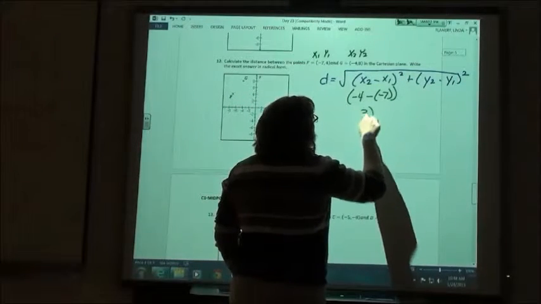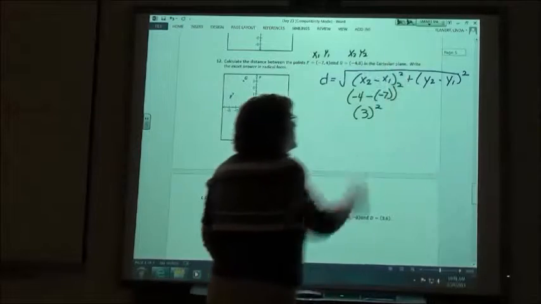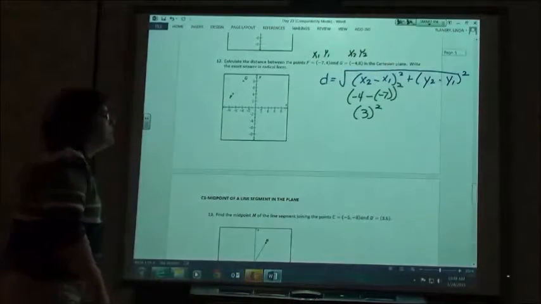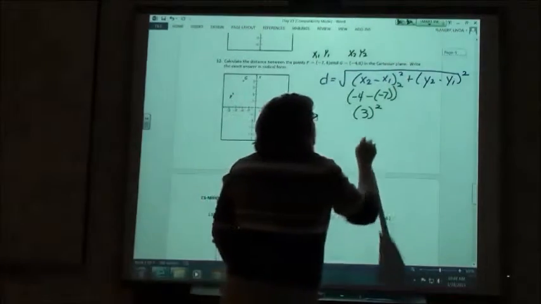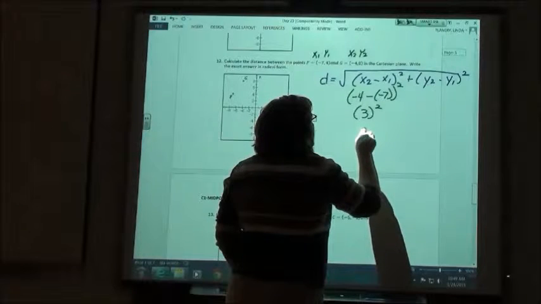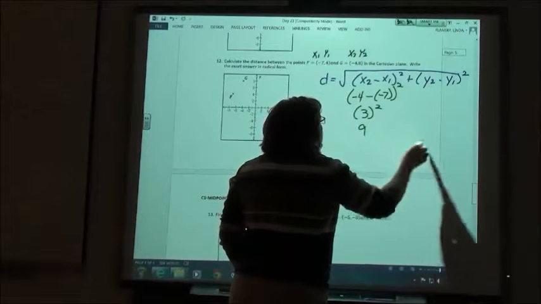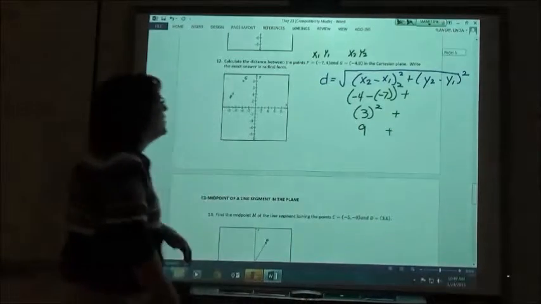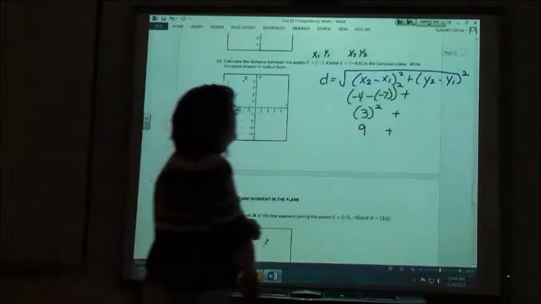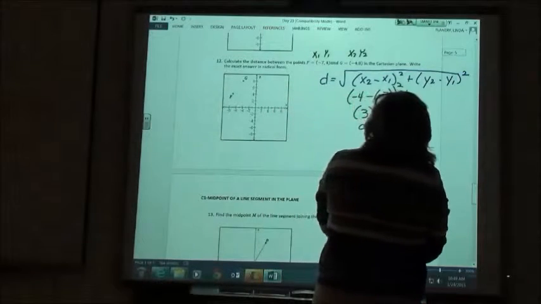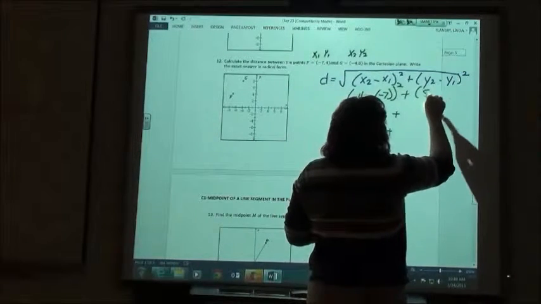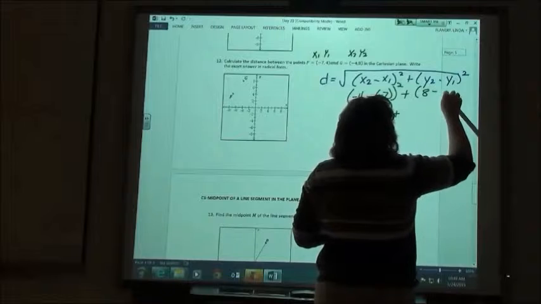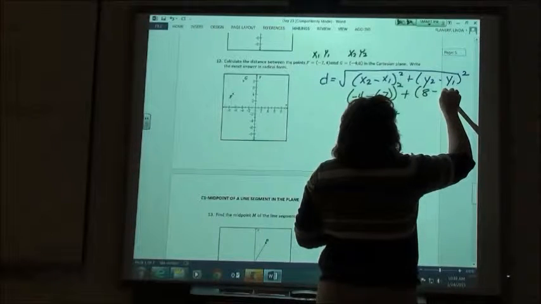positive 3. And then we have to square that because there's the squared on the outside. 3 squared is 9. Okay. Now doing the y part of it. y2 is 8. 8 minus y1, 8 minus 4.